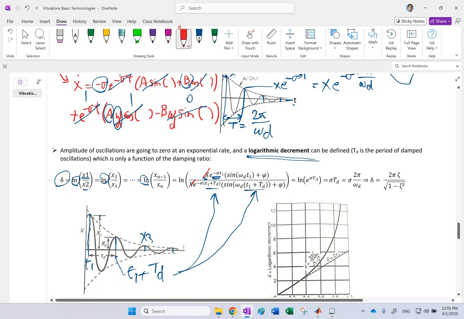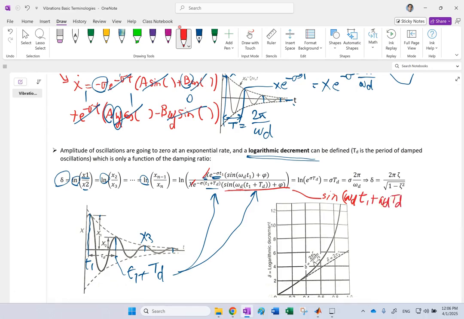Since the sine function is a periodic function with frequency omega d, when you simplify this, well, what will you get? This is going to be sine of omega d t1 plus what? Plus omega d td, right? And then plus phi.